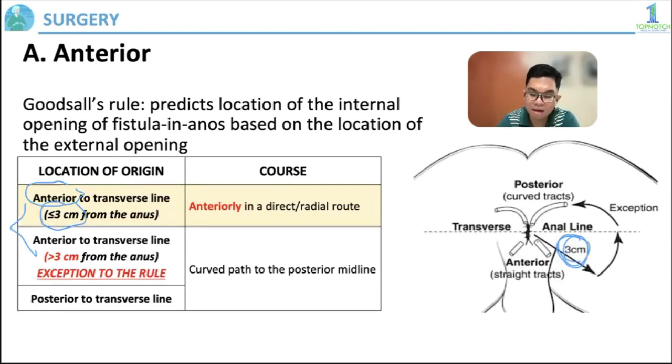So kung ito yung external opening, it will just go diretso sa loob. Okay? However, if mas malayo yung anterior opening, it's gonna curve to the posterior midline. Okay? So yun yung exception to the Goodsall's rule. If it's malayo, more than 3 cm, it will curve to the posterior midline. Okay? So again, posterior muna memorize nyo, and then anterior na malapit, and then yung exception. Okay?